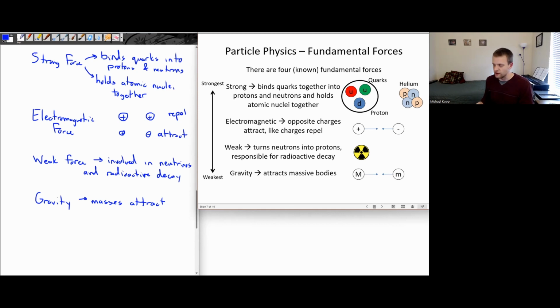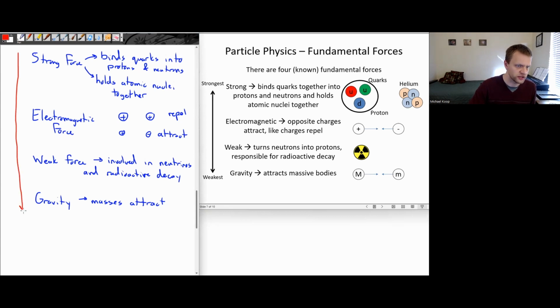That's an example of why we say that gravity is not a very strong force. So again, this is ranked from weakest to strongest.